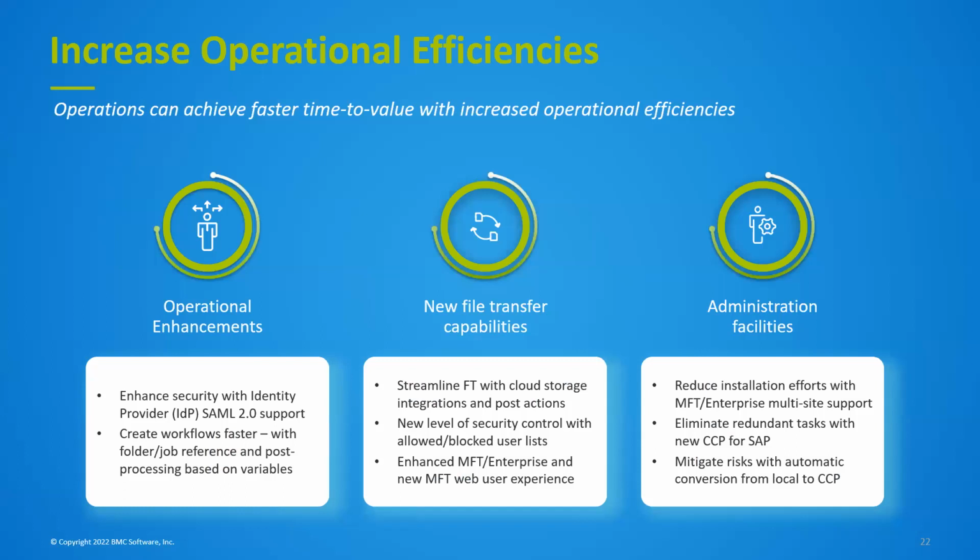It responds to the demand to produce more with the same resources through features that help IT ops eliminate redundant, time-consuming tasks and respond proactively to risks. As a result, IT operations achieve faster time to value.